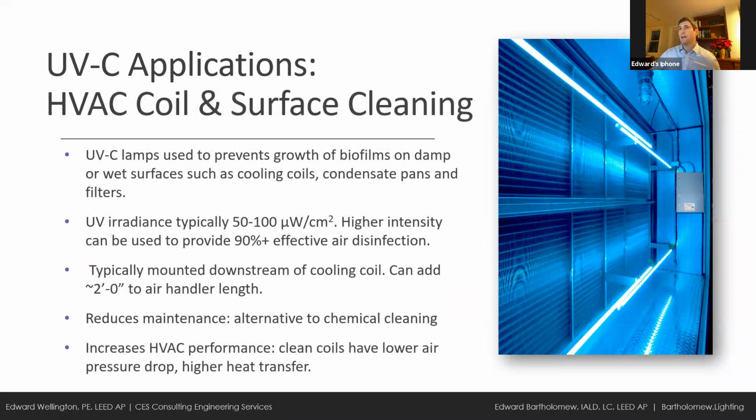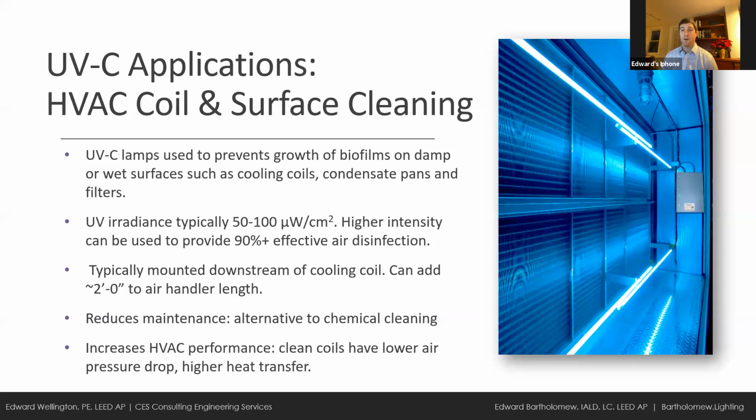The next one we'll look at is HVAC coil and surface cleaning application. Wet conditions on cooling coils and drain pans, unfortunately, can promote the growth of biological contaminants. So a common application is to locate these lamps downstream of cooling coils where it can continuously treat both of these surfaces. These are typically lower irradiance, lower wattage lamps.